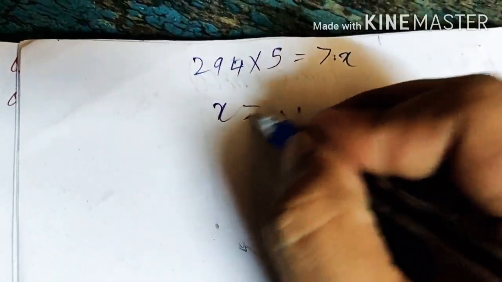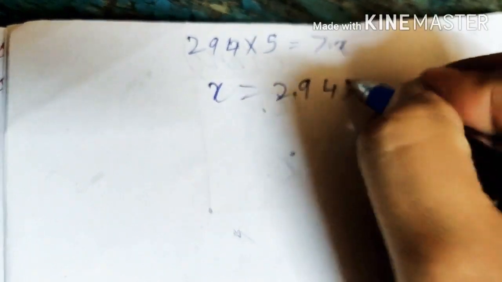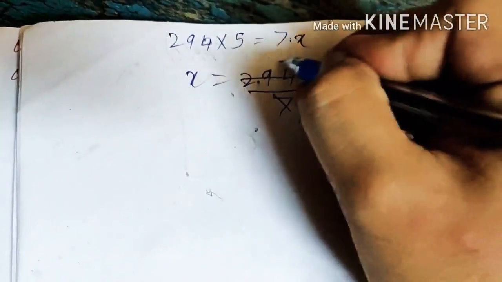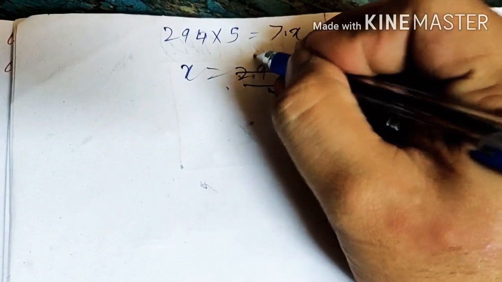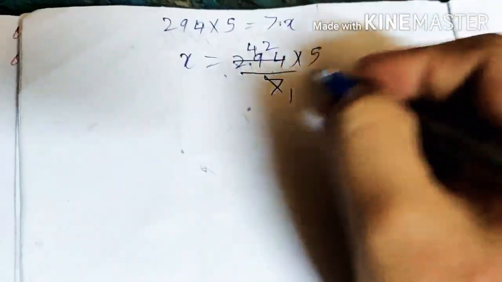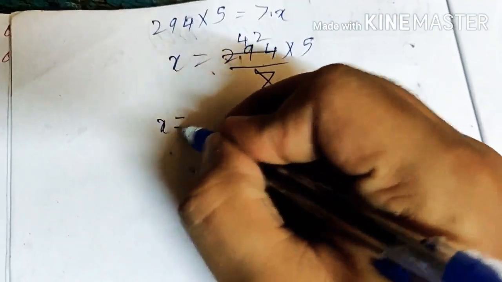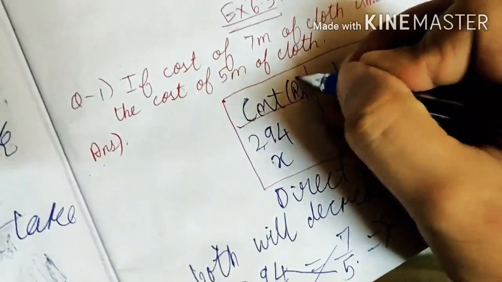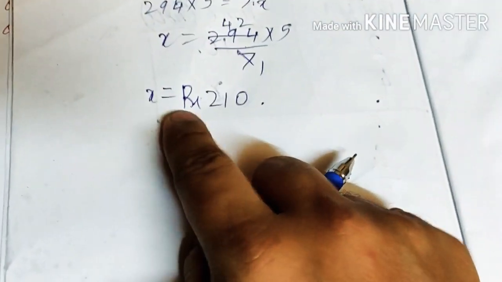So x will be equal to 294 into 5 upon 7. 7 fours are 28, and 1 four is 42. 42 into 5 will be x equals rupees 210. Why rupees 210? Because x was cost here, in rupees.